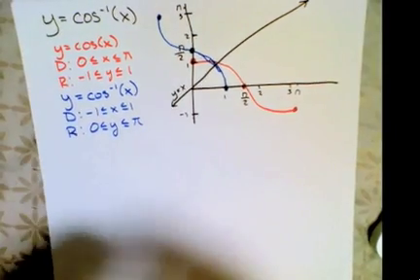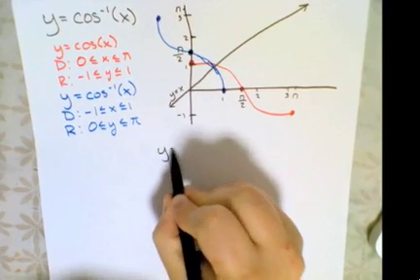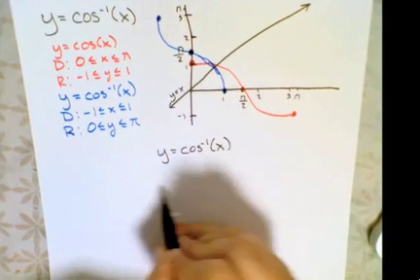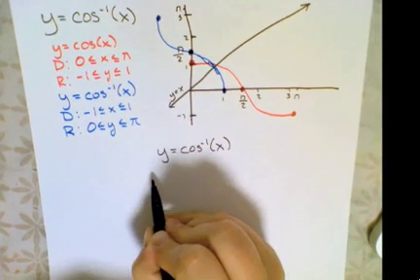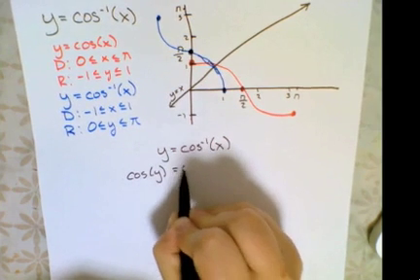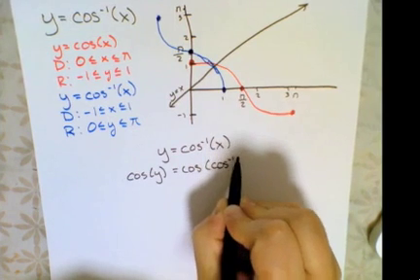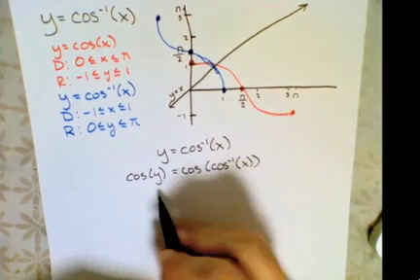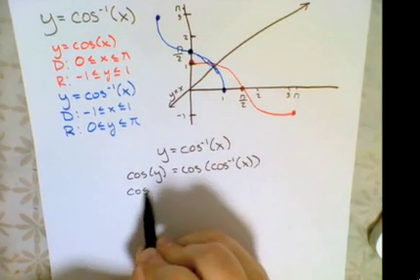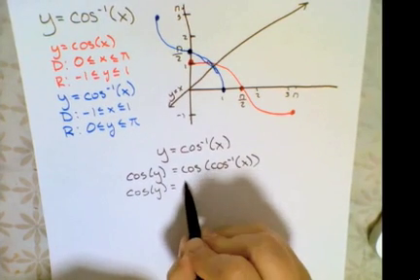Now let's do the derivative. Y equals the inverse cosine of x. And I'm going to take the cosine of both sides. Okay, cosine of y is equal to, cosine and inverse cosine cancel each other out, so we're left with x.